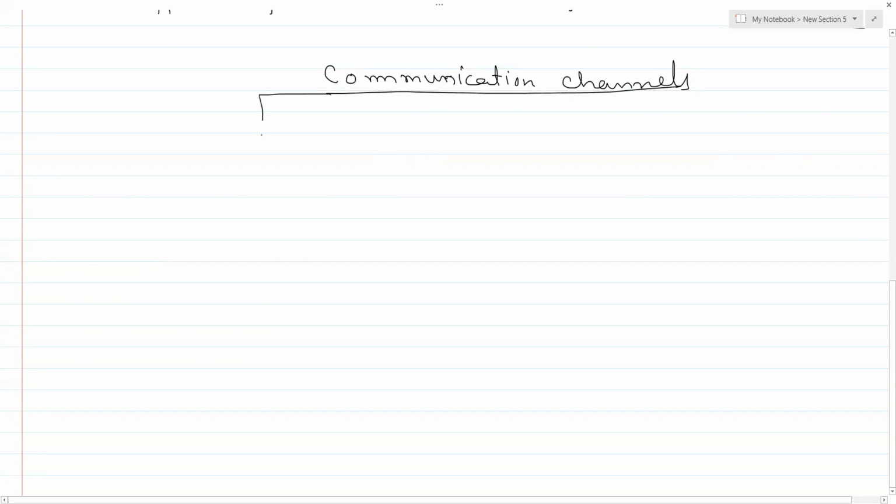I will write this in tabular form. Communication channels are classified into two types. One is channels based on guided propagation.